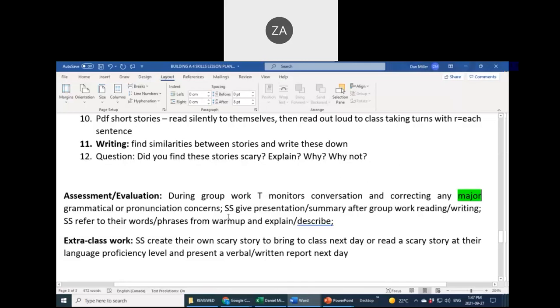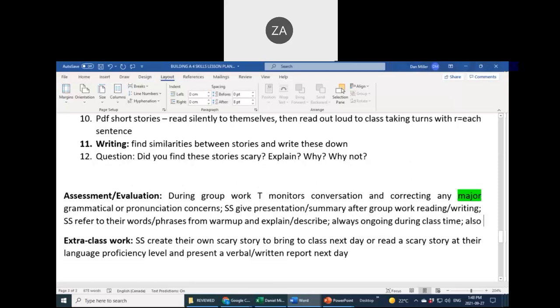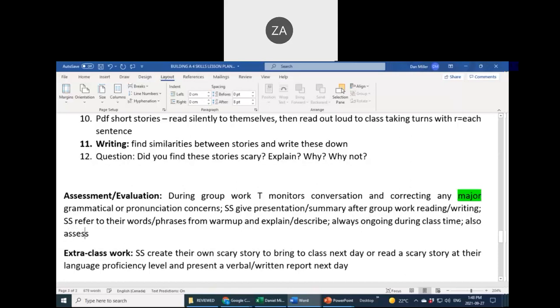So the assessment, there's always assessment occurring. Assessment is ongoing. During class time. Also, assessment of what else.